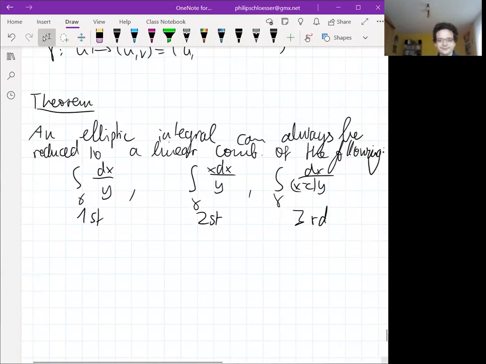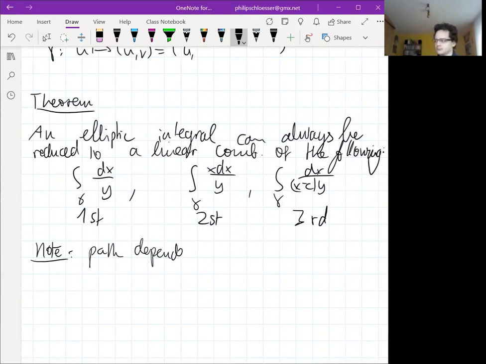Nice, I guess. But note that, as I've previously said, those integrals are still path dependent. So you cannot expect to define them globally as a function just by fixing a base point. But we can sort of work around this a bit.